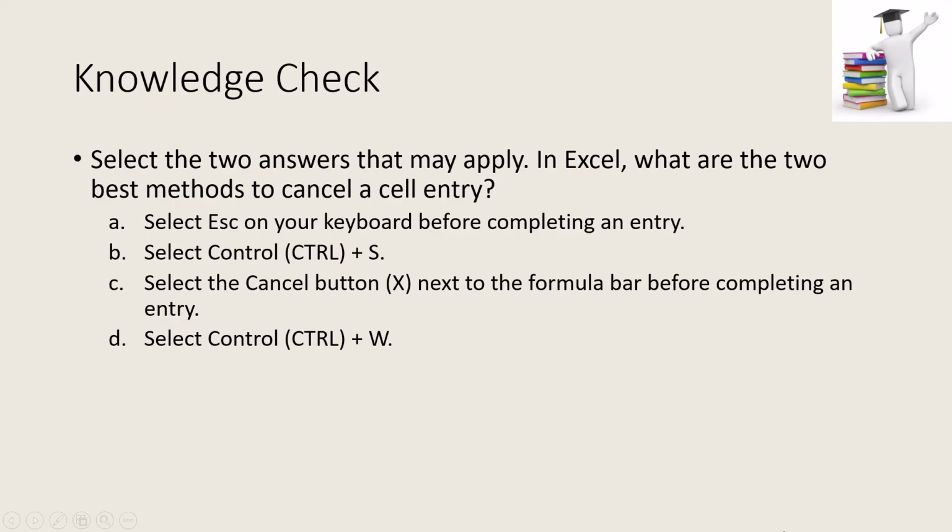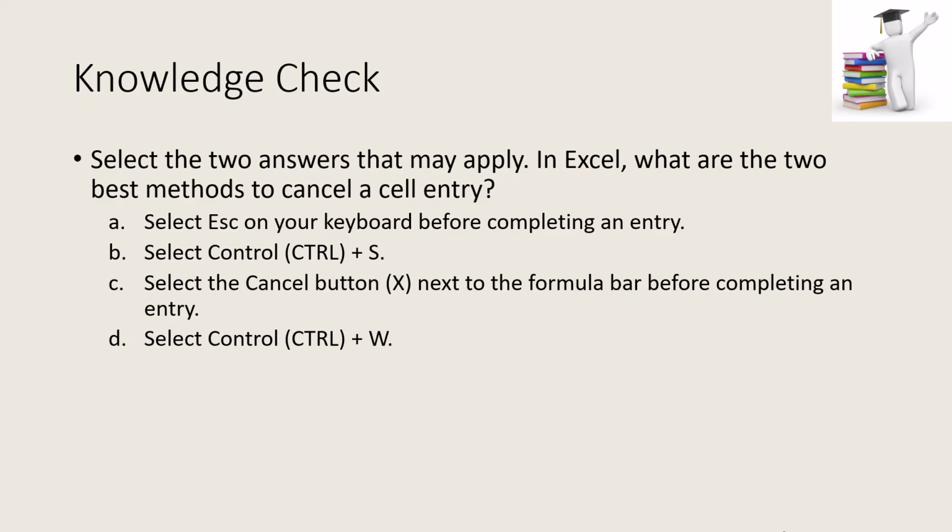Select the two answers that may apply. In Excel, what are the two best methods to cancel a cell entry? A. Select Escape on your keyboard before completing an entry. B. Select Control S. C. Select the Cancel button, the X, next to the formula bar before completing an entry.